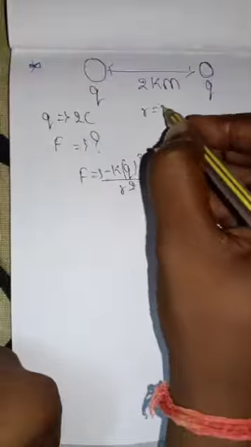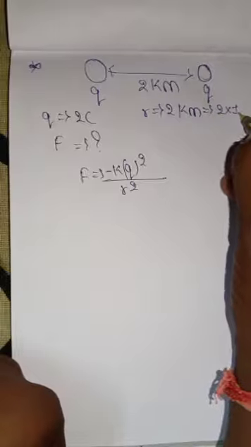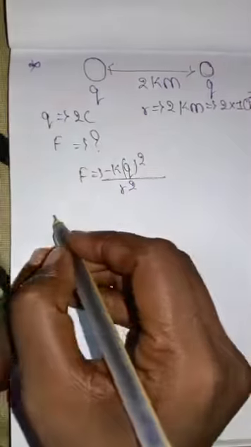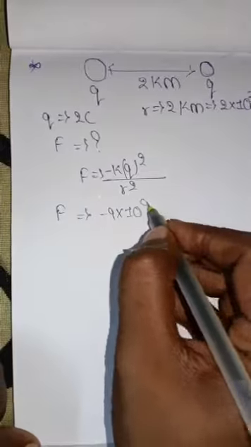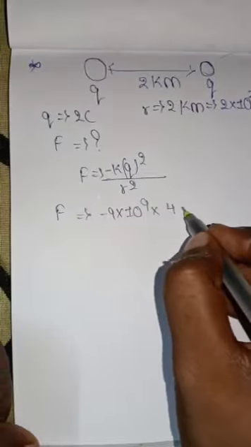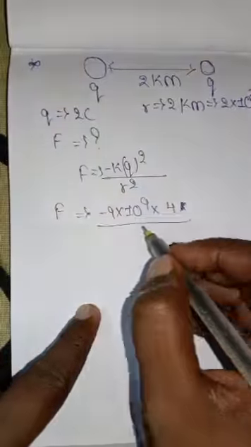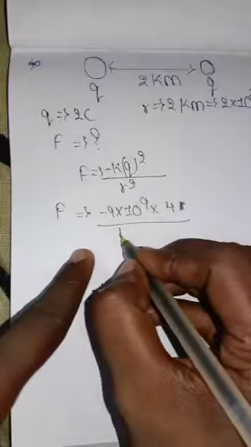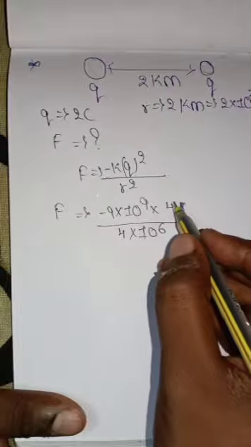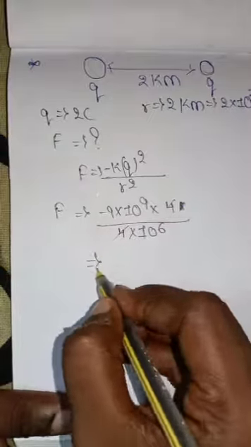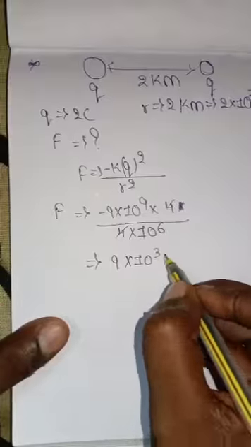So here r is equal to 2 kilometer, which in terms of meter is equal to 2 into 10 power 3 meter. So F is equal to 9 into 10 power 9 into 2 to the 4 divided by the whole square, 4 into 10 power 6. 4 will get cancelled, so the answer will be 9 into 10 power 3 Newton.